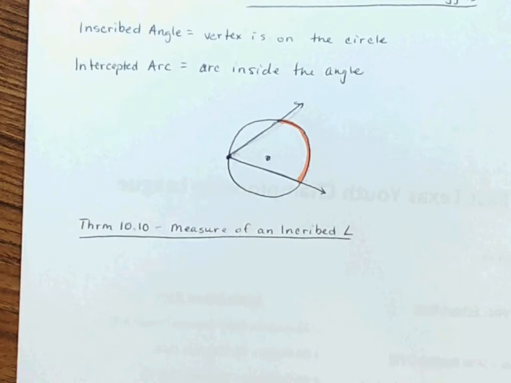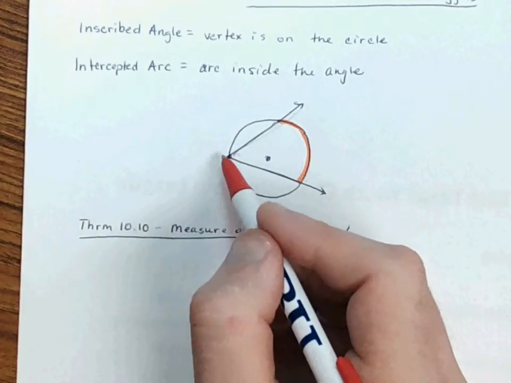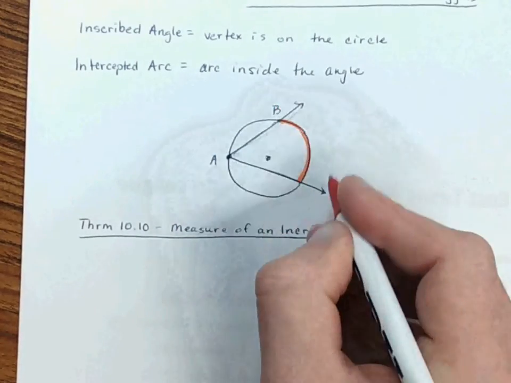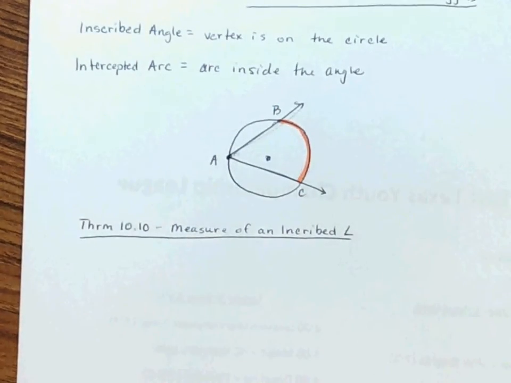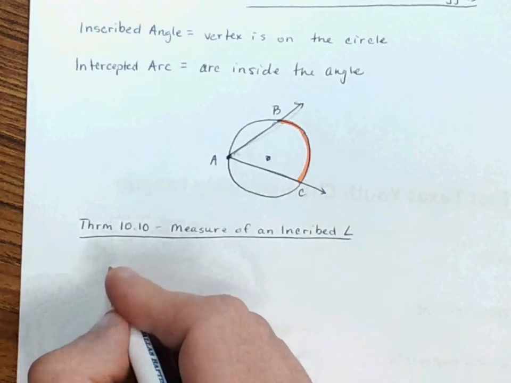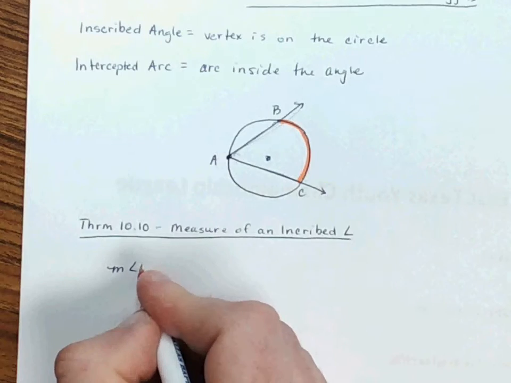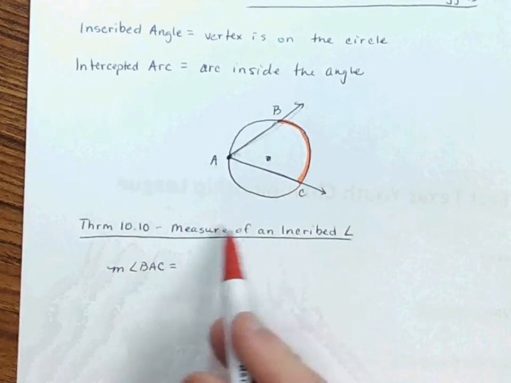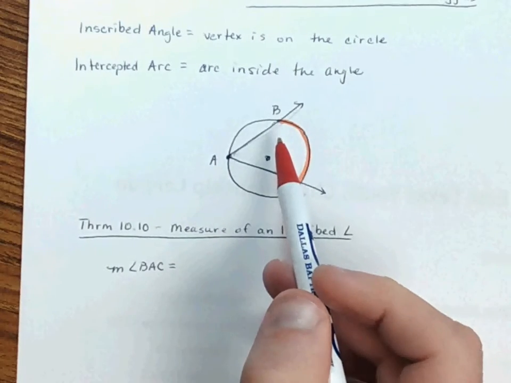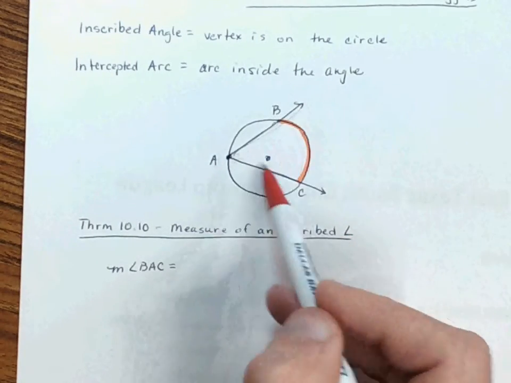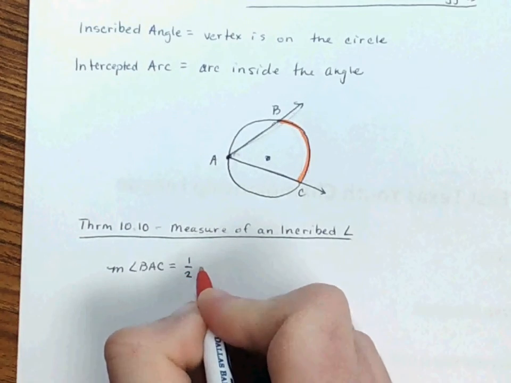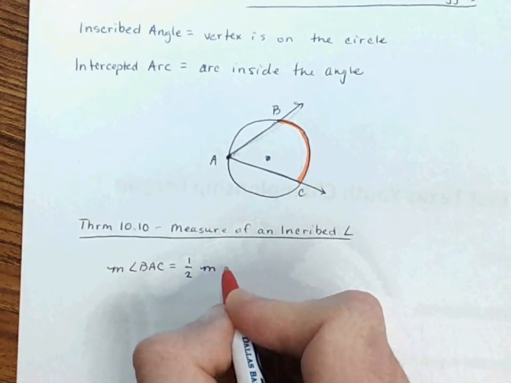So we'll use this angle here. If we want the measure of angle BAC, what this theorem tells us is that the measure of our inscribed angle is going to be half the measure of its intercepted arc.